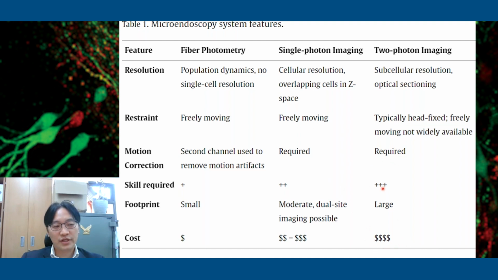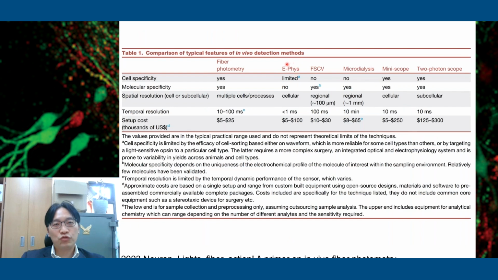and the cost and the skill required increase as you go this way. And when you expand more, as I told you, electrophysiology has been more used, but the molecular specificity or cell type specificity is limited.